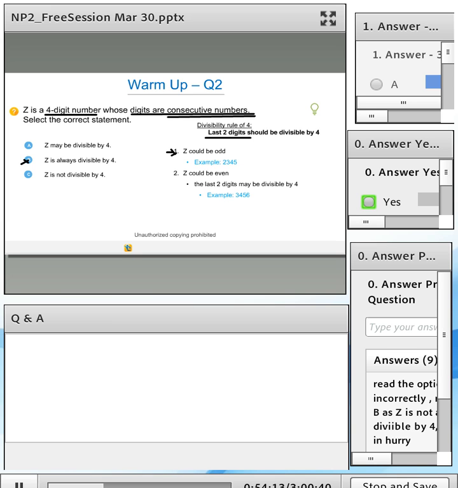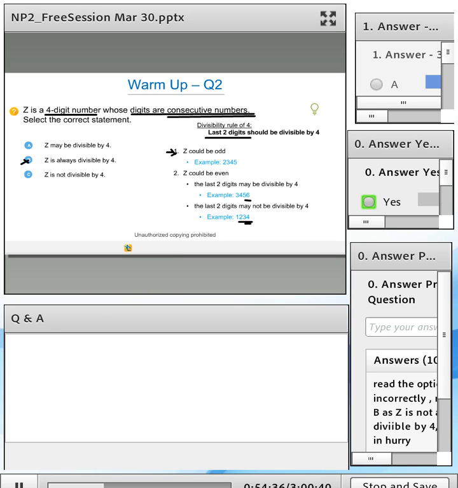So now I get the answer that there are certain cases in which z is divisible by 4. But at the same time, there could be some other cases in which z is not divisible by 4. Let's take 1, 2, 3, 4. 1, 2, 3, 4 is also even, but in this case, 34 is not divisible by 4.